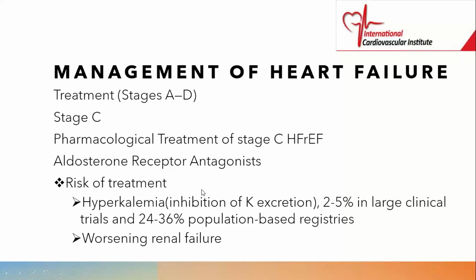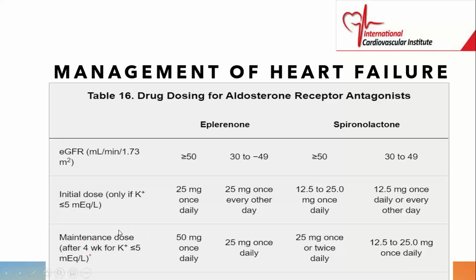Then there's the risk of hyperkalemia, because it inhibits potassium excretion, so you can get elevated potassium. The elevated potassium is about 2 to 5% in a large scale clinical trial, but in the population-based registry, it is much higher, about 24 to 36%. And it can also cause worsening renal failure, so be aware of that.